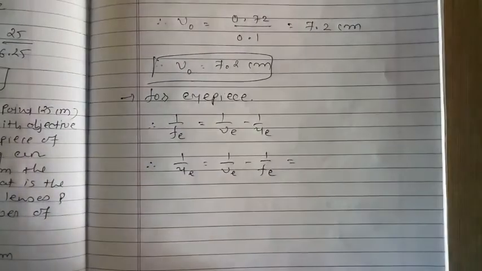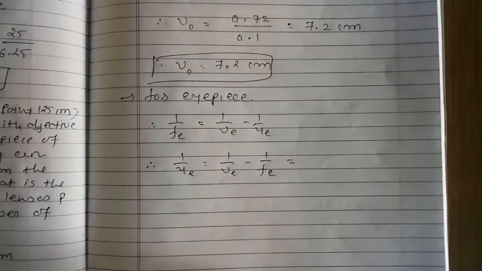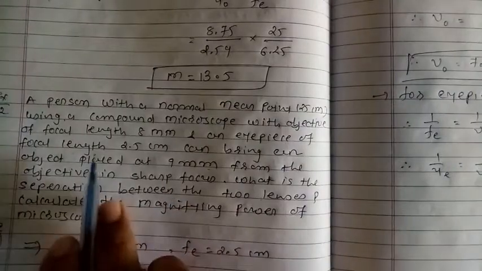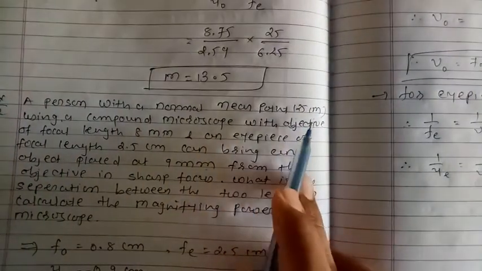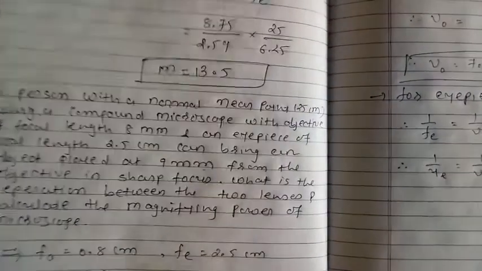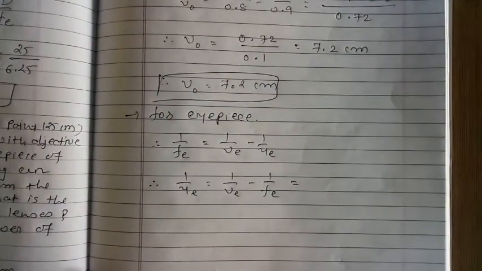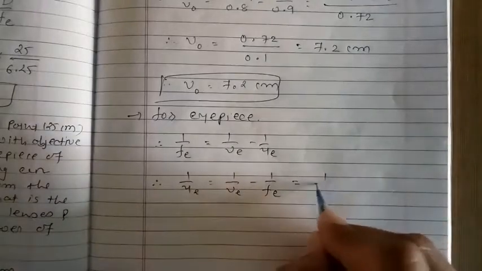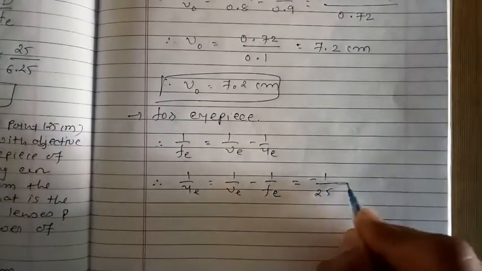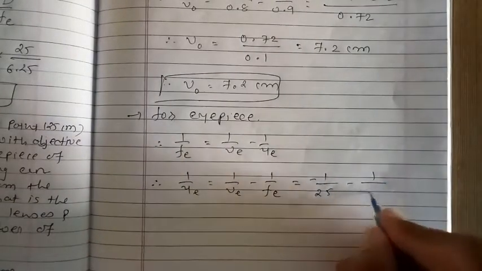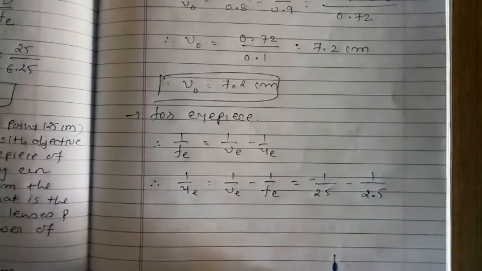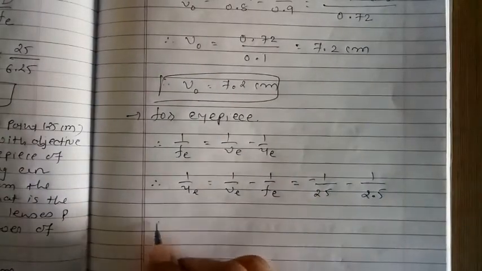Now we know the image distance from the eyepiece, because a person with a normal near point sees at 25 centimeter. So the image distance from the eyepiece is 25, but on the left hand side, so we have to take minus. So 1 upon minus 25 minus 1 upon the value of FE, 2.5. Now we have to take the LCM.